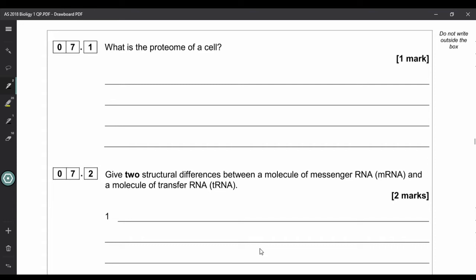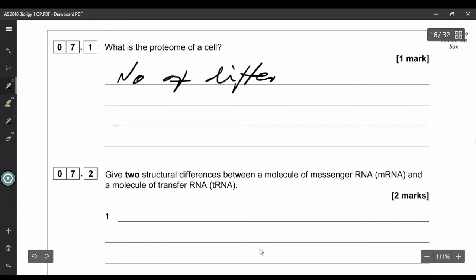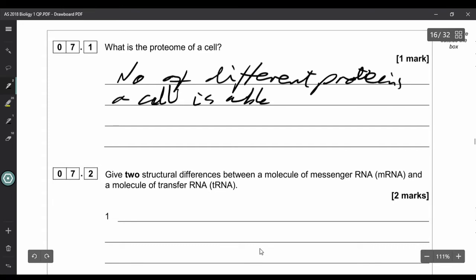To be able to get the marks, you've just got to regurgitate the answer. So the answer for this is the proteome is the number of different proteins a cell is able to produce.